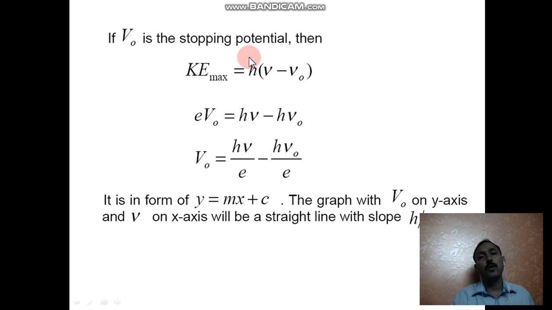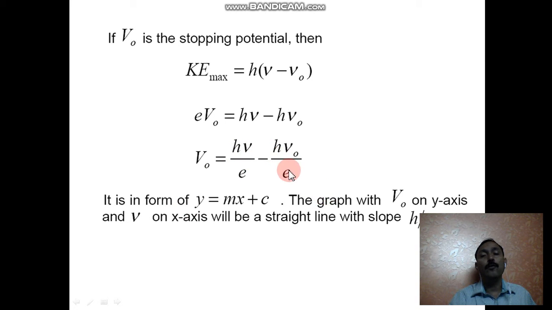If V naught is the stopping potential, then kinetic energy maximum is equal to h times nu minus nu naught. This maximum kinetic energy is the applied potential V naught multiplied by the electron charge e. So eV naught is equal to h nu minus h nu naught. Thus V naught is equal to h nu by e minus h nu naught by e. This is of the form y is equal to mx plus c.